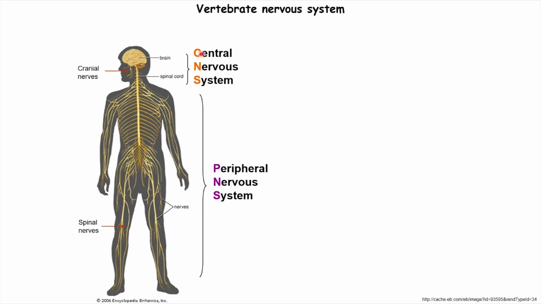So the central nervous system basically includes the two main parts of the nervous system, the brain and the spinal cord. And the peripheral nervous system includes various nerves that are going from the brain or the spinal cord to various parts of the body, like in the hands, in the legs, at the back, and so on.